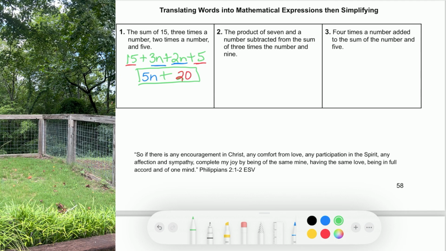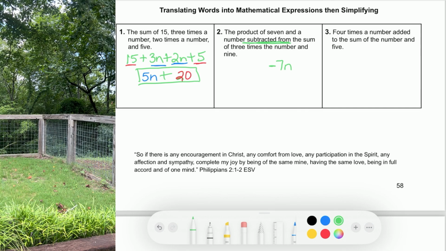Right, so number 2. The product of 7 and a number subtracted from the sum of 3 times the number and 9. It's a lot going on in there, right? So let's just take it a piece at a time. The product of 7 and a number, so that's 7n, 7 times n, subtracted from. That's one of those turnaround phrases, okay? So I know I'm going to write that product of 7 and a number after something else, so 7n.